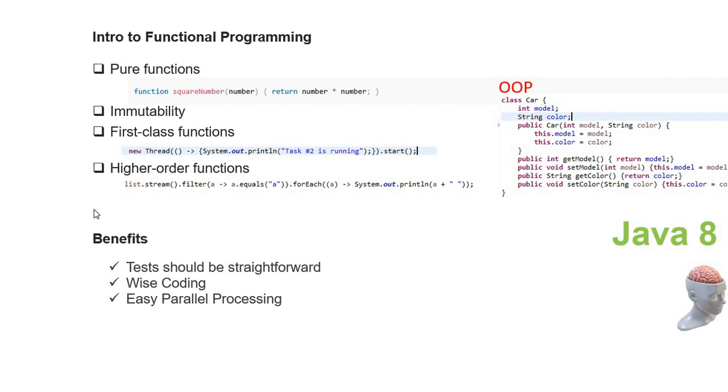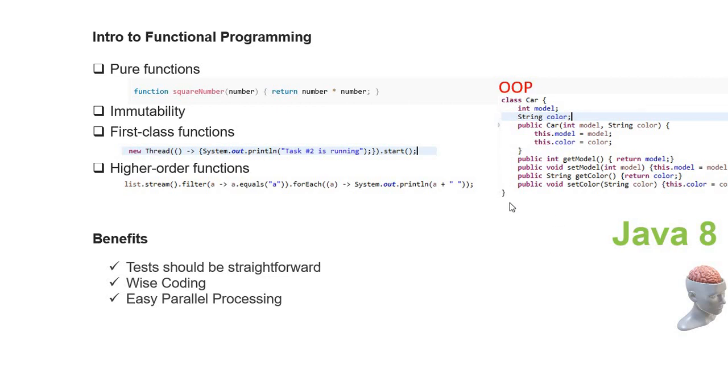Now, let's see one of the major drawbacks in Java, how we can make use of functional programming to overcome that drawback, and how we can implement functional programming in the Java world. Basically, in Java everything is OOPS.